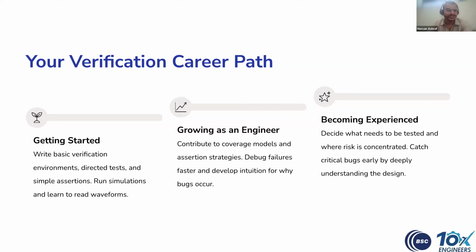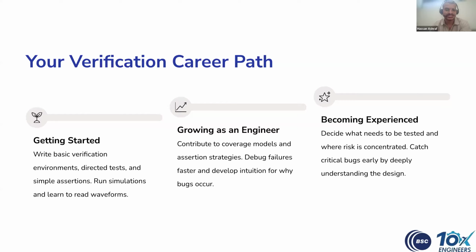So this slide shows the career progression in a verification engineer's life. Your career path will look something like this: you are getting started at the design verification level, learning new techniques, getting your hands dirty with the code, developing verification environments, writing test cases, writing coverage.